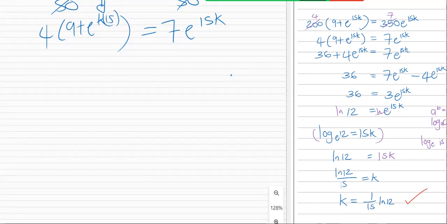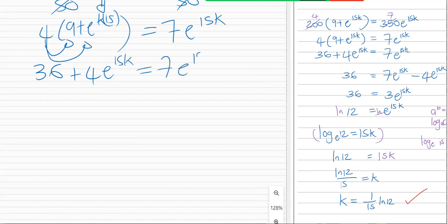I'm going to times in that 4, and I get 4 times 9 is 36, and then 4e^(15k), put in the correct order, 7e^(15k). Now we can get all the e's on the one side and all the constants on the other side. So 36 stays in the same place. You minus 4e^(15k) on both sides, and you're going to get 3e^(15k) on the right. Okay, then obviously next thing to do is we can divide through by 3. We divide through by 3 now, we've got a 12, which is a good sign.